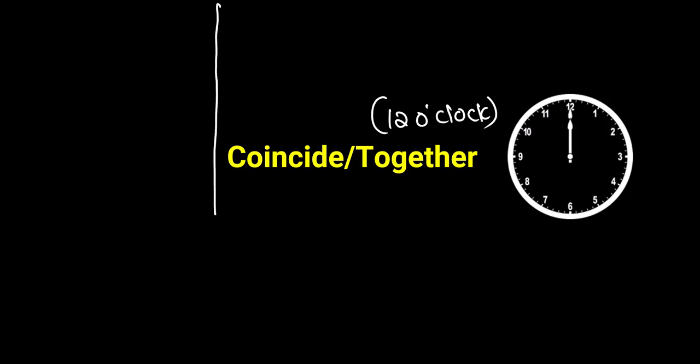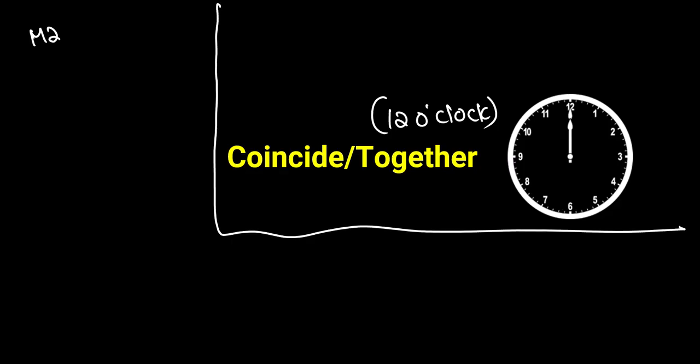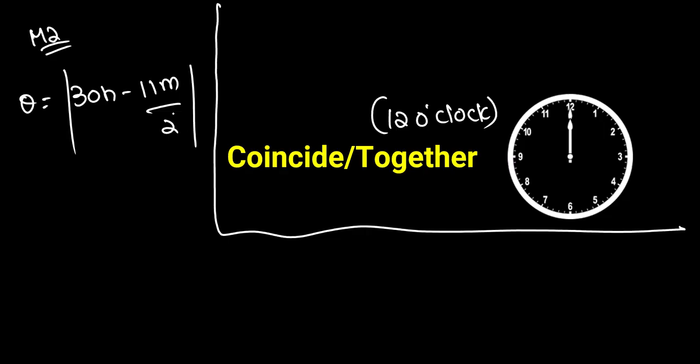Now method 2 for the same previous question. What is the angle between hands formula you people know: theta equals 30h minus 11m by 2, or 11m by 2 minus 30h, no worries regarding that. Now listen. Theta must be equal to 0 for coincide, that is, together. Clear everybody?